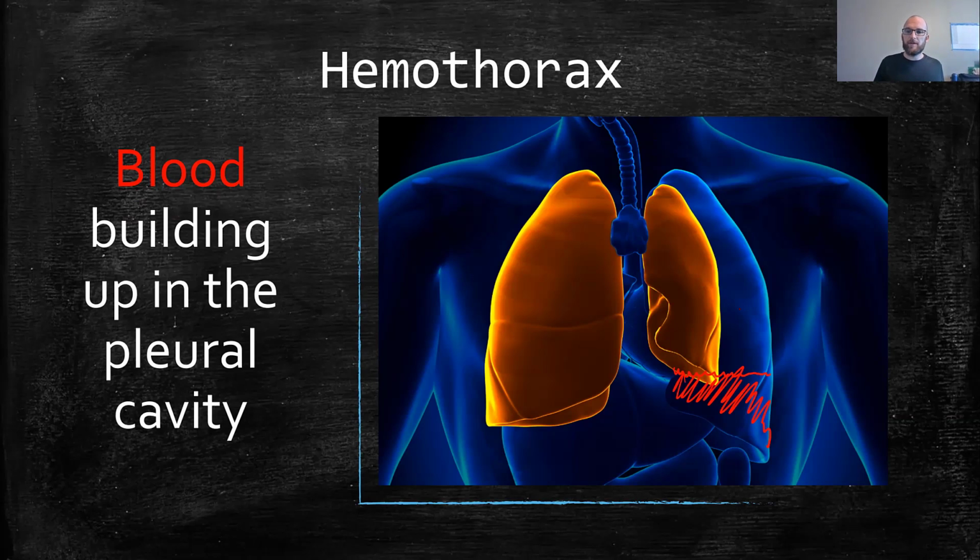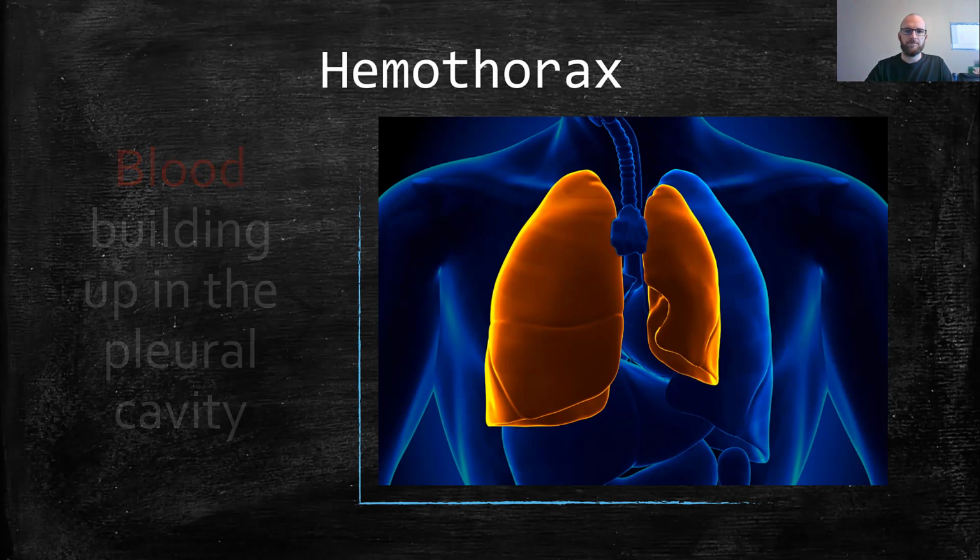And that blood is achieving a similar thing, which is added pressure compressing down on the lung tissue. Air will rise to the top, blood by gravity will sink to the bottom, so it just depends on how much blood we're talking about. So blood in the pleural cavity is a hemothorax.